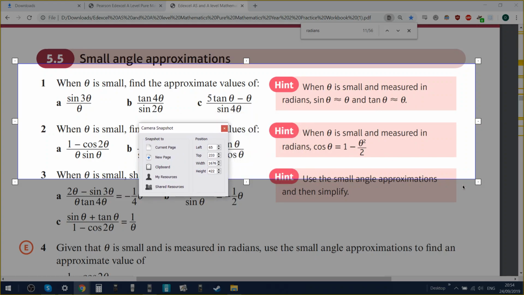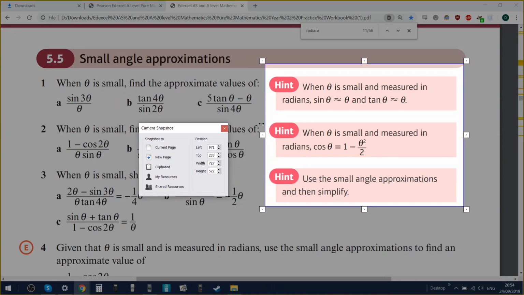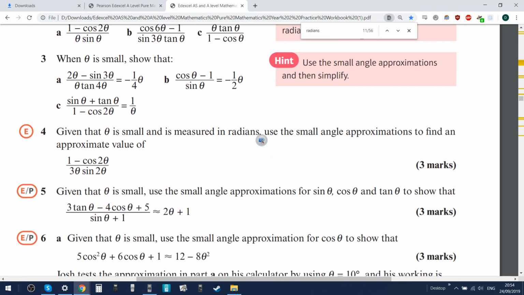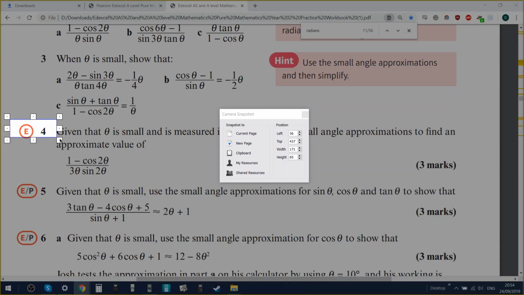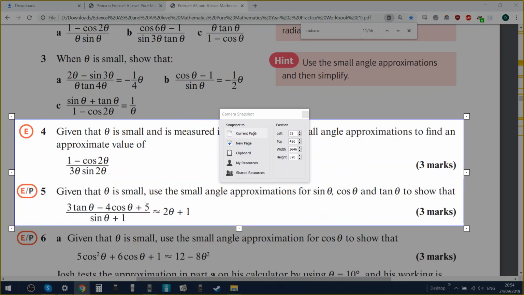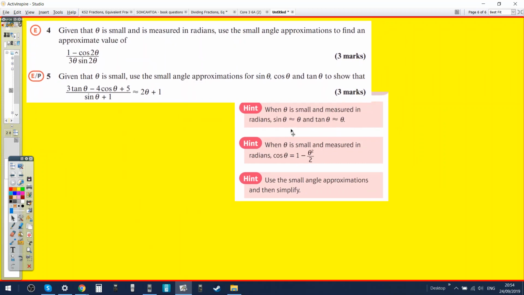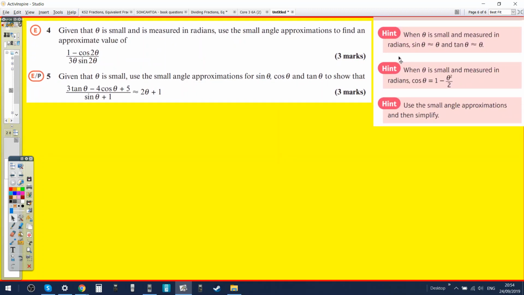I'll just take these and simplify. And let's just go down to exam question. Okay, question 4. I'll just bring in both 4 and 5. Okay, let's try it. These are small measured radians.